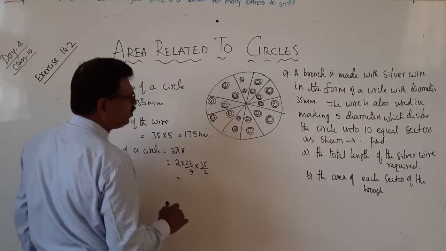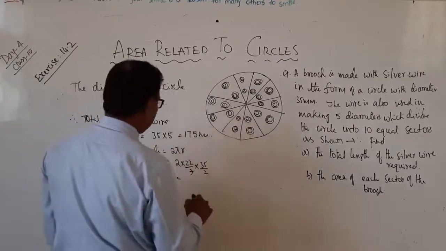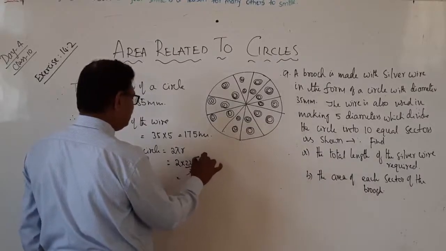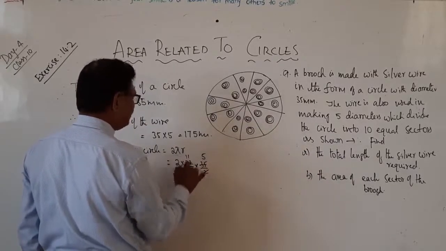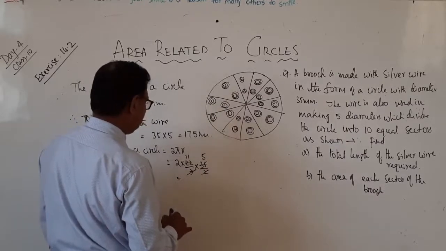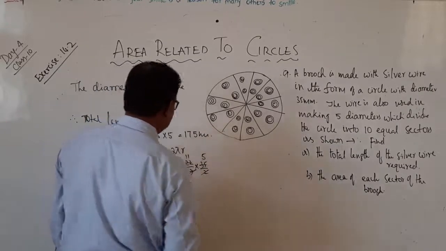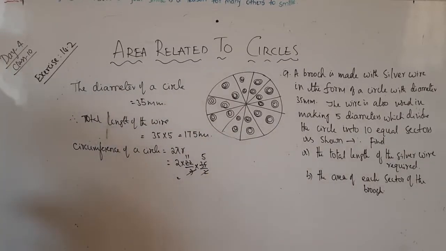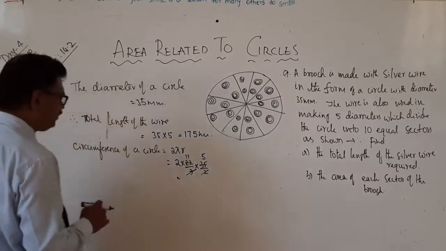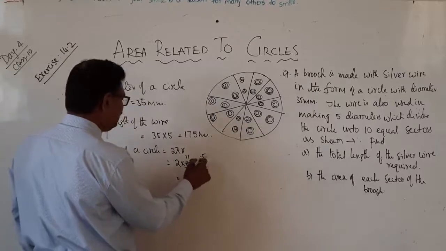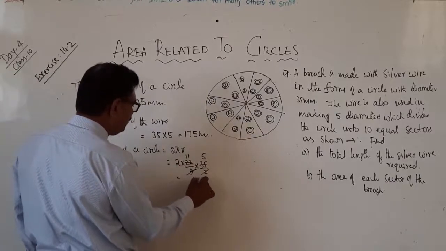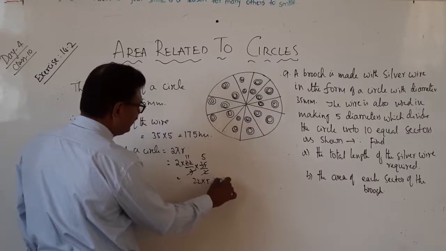Cancelling: 7 ones, 7 fives, 2 ones, 2 ones. 22 into 5 is nothing but 110 millimeters.